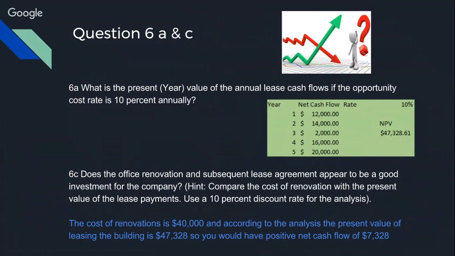Now, question 6C is, does the office renovation and subsequent lease agreement appear to be a good investment for the company? Given that in the background it says that the renovation will cost $40,000, and the value of the lease, given our uneven net cash flow, is $47,328, then we'd have a positive net cash flow. So I would say it's a pretty good investment for the company at this time.